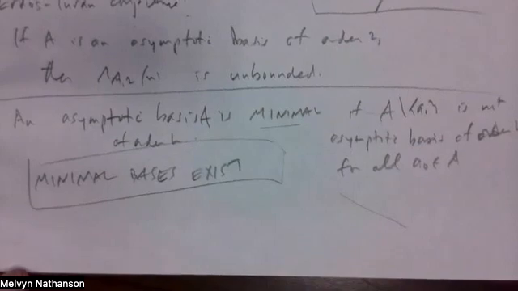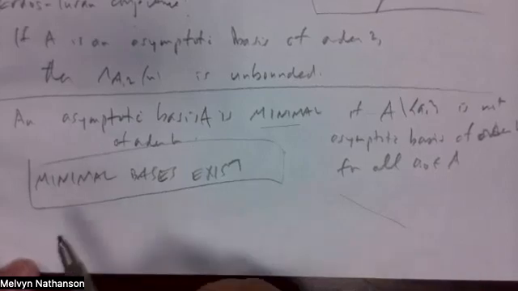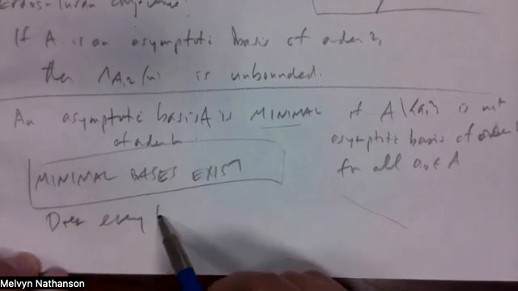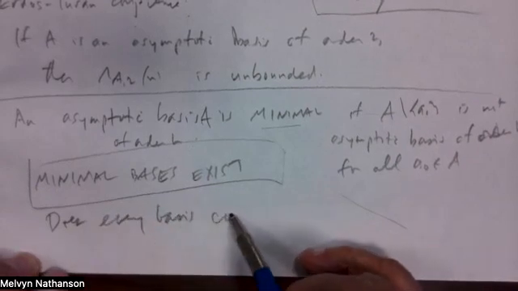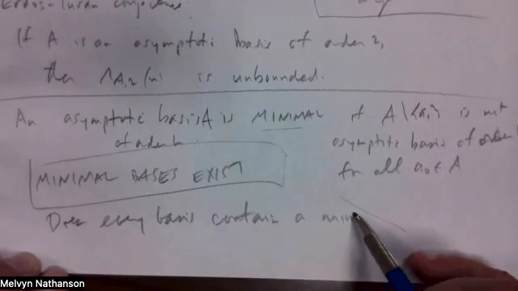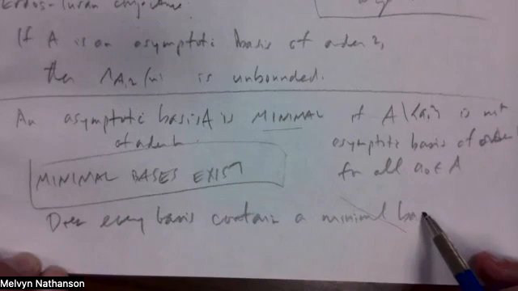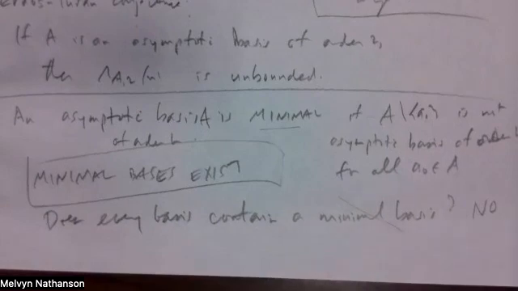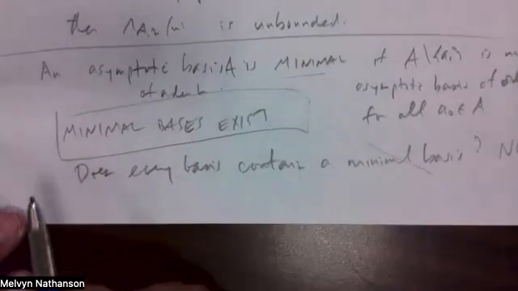And there are a lot of questions about these things. Minimal bases exist, but you can also ask, does every basis, in fact, contain a minimal basis? And the answer to that question is no. In fact, there's a very nice result.